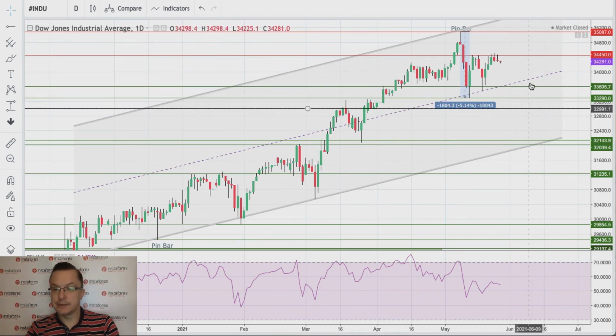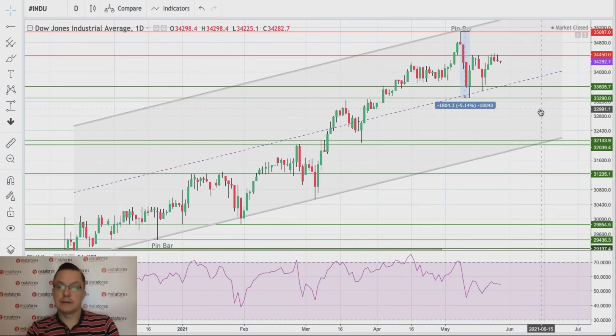This is a pretty nice zone, in line with a technical support, but below 33,000 is apparently no longer needed.